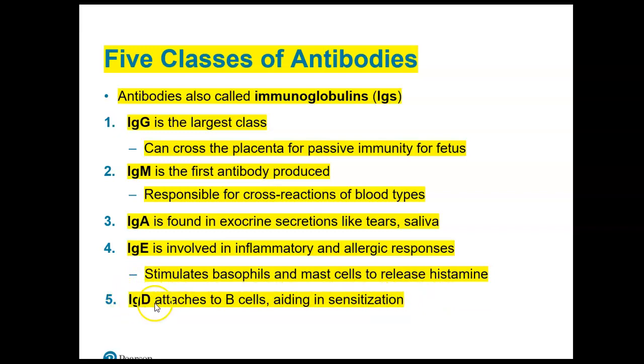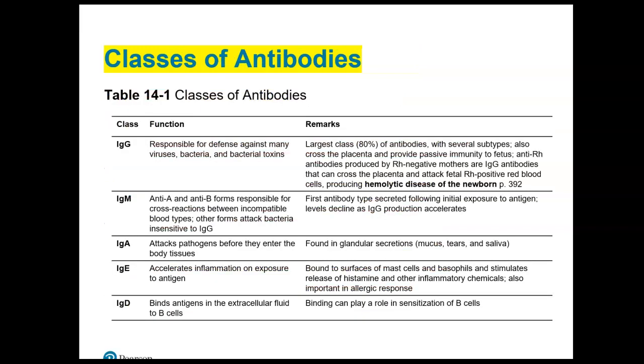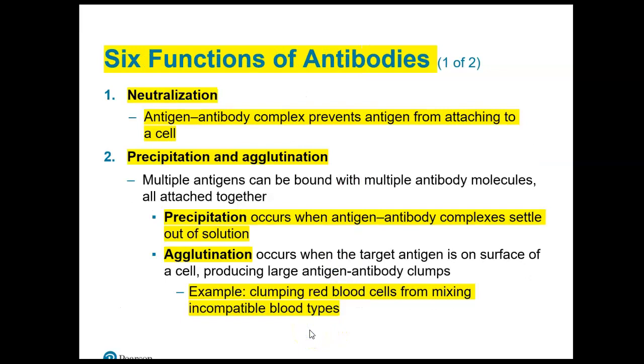And IgD attaches to B cells and aids in sensitization of B cells. This is the table that goes over all of the classes, and this is slide number 74. You may want to find it in the PowerPoint slides and just read through the classes and their remarks, because it goes into a little more detail.